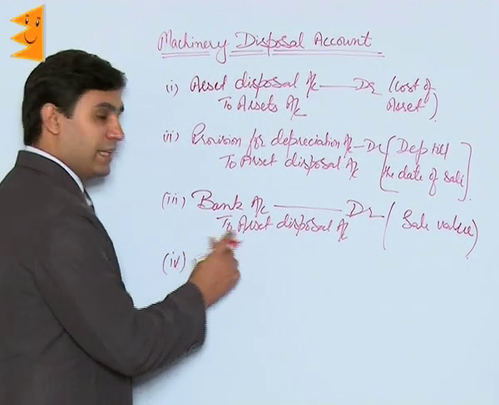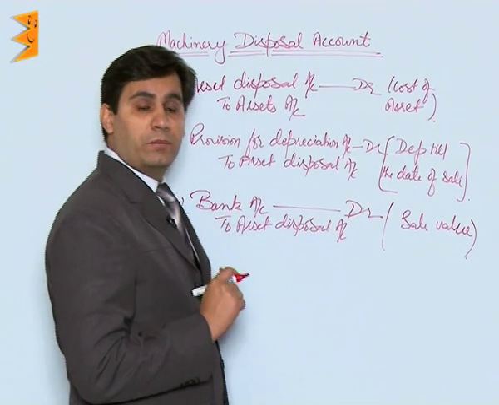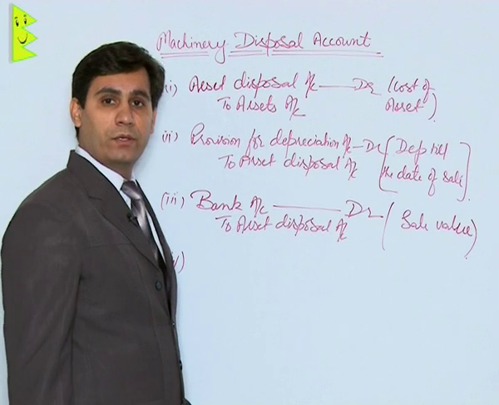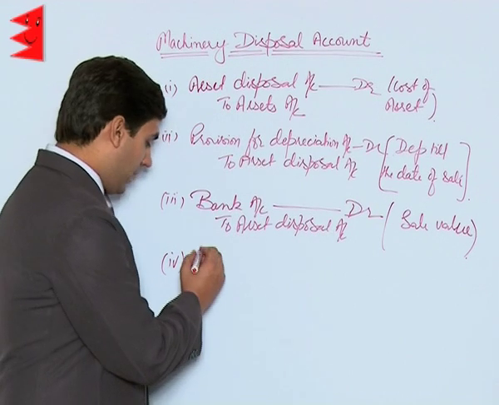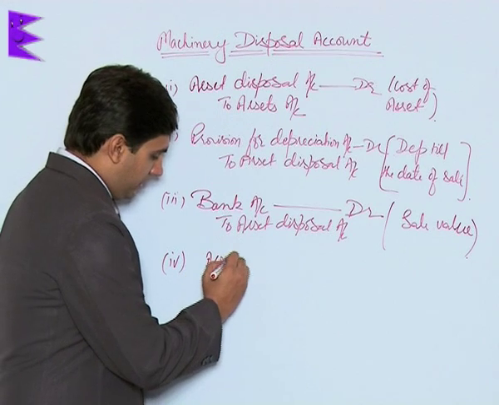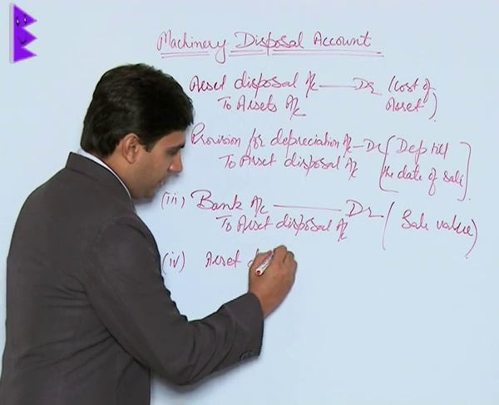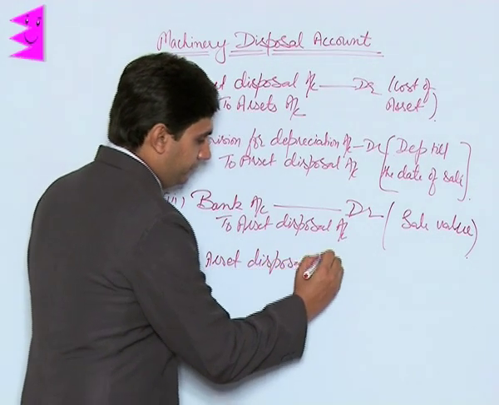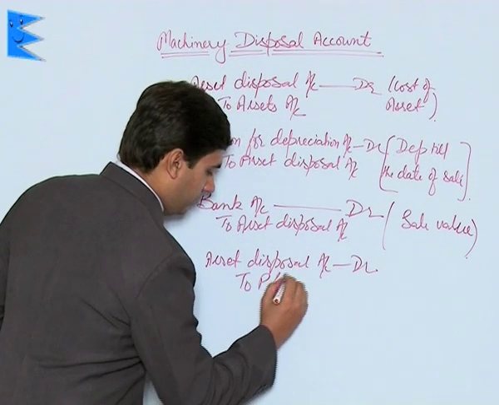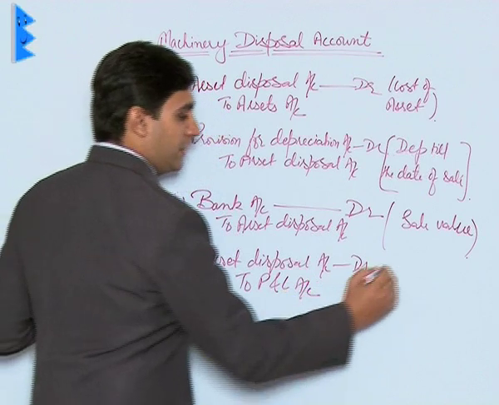Lastly, when we are selling an asset, there can be a possibility that we actually incur a loss or we make profit. So, in case we make profit, it would be asset disposal account debited to profit and loss account, in case there is a profit.